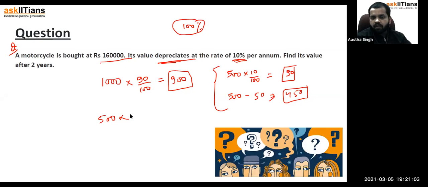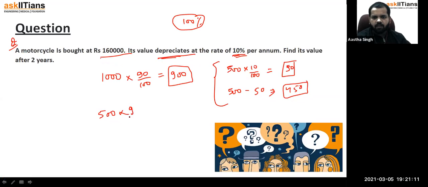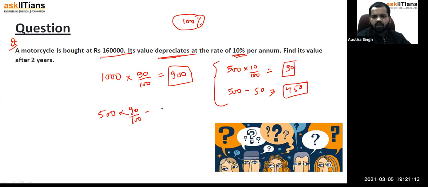I'm just telling you that your value was 500, and 10% of the value depreciates. I'm just talking about 1 year. So just multiply by 90 by 100. What will you get? You will get 450. Right or not? Are you getting this point or not?